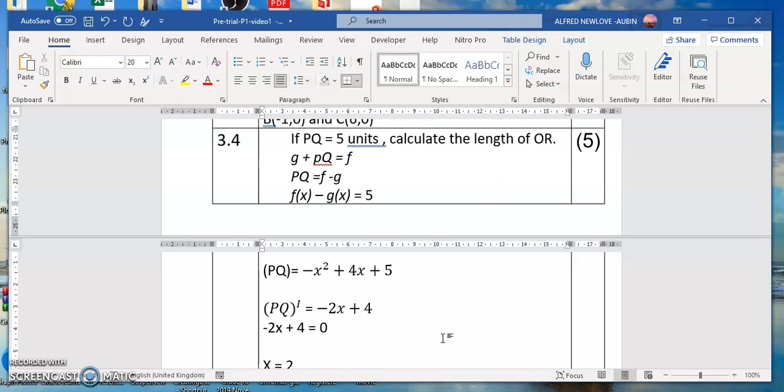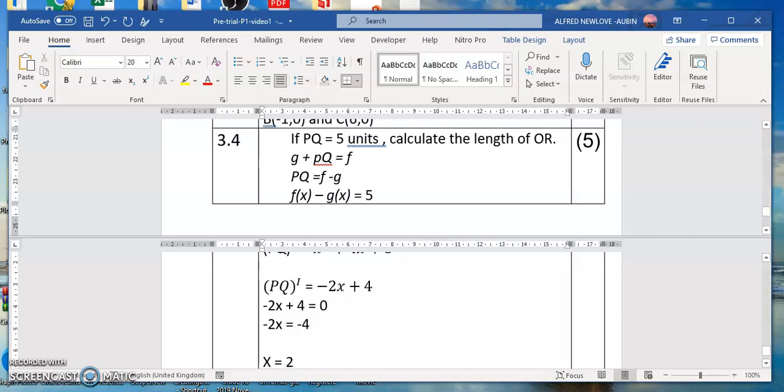And if you transpose this, you are going to get minus 2x is equal to minus 4. Then you divide both sides by 2. So you are going to get x is equal to minus 4 divided by minus 2. And this one is going to give us what? 2.